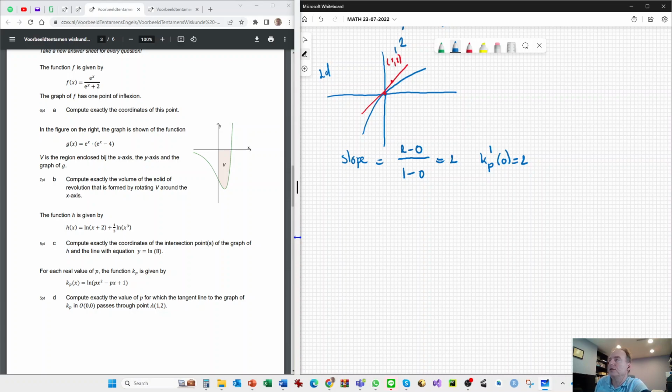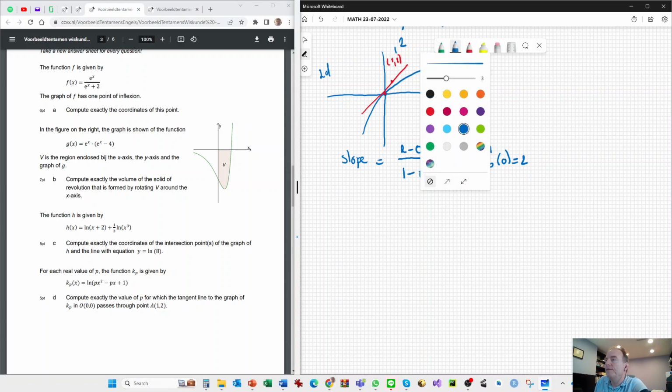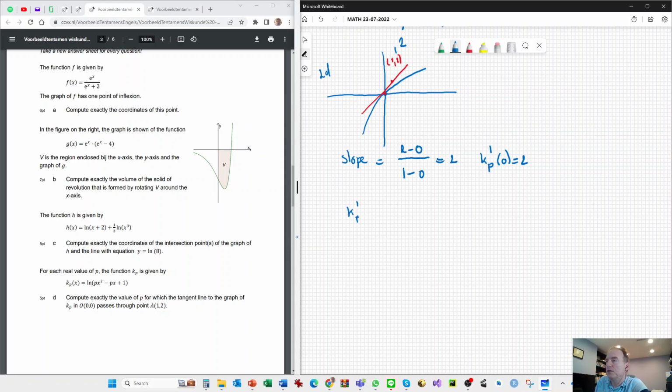Okay, what is the derivative of a logarithm? Or what's the derivative of this function? Well, k p prime of x is 1 over, remember the standard function logarithms, 1 over that function px squared minus px plus 1, and using the chain rule I get 2px minus p.